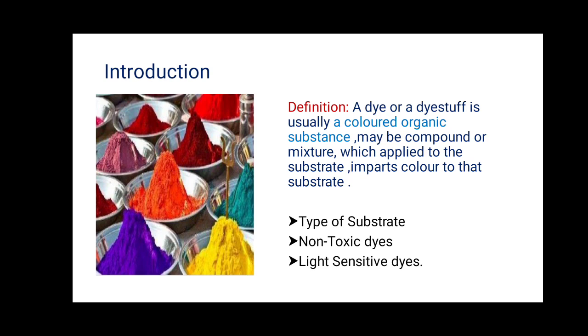Definition of dye: a dye or dyestuff is a usually colored organic substance, may be a compound or a mixture, which is applied to the substrate and imparts color to that substrate.